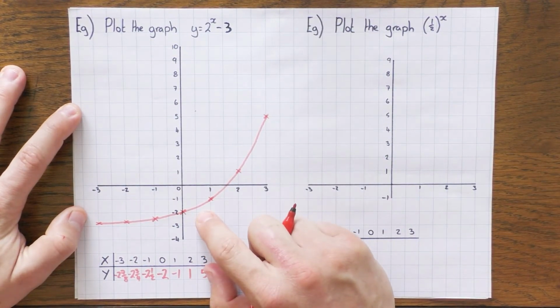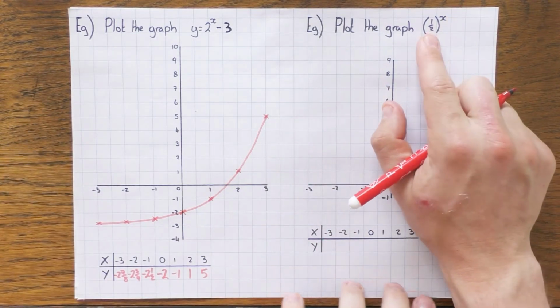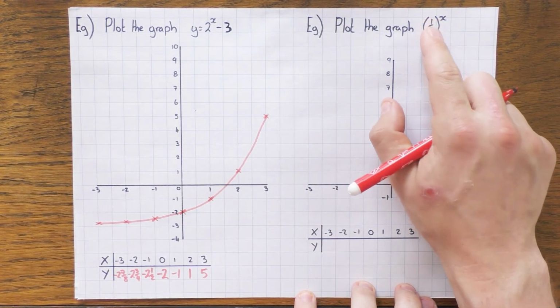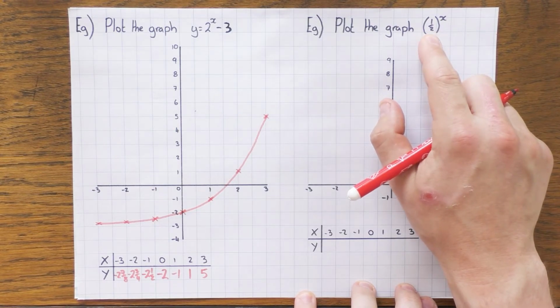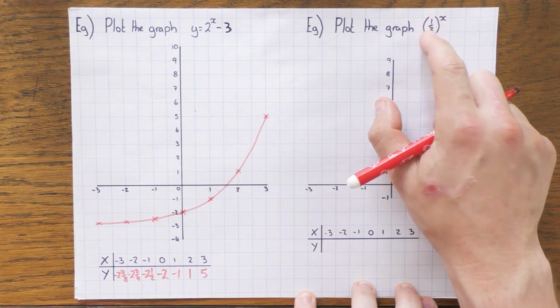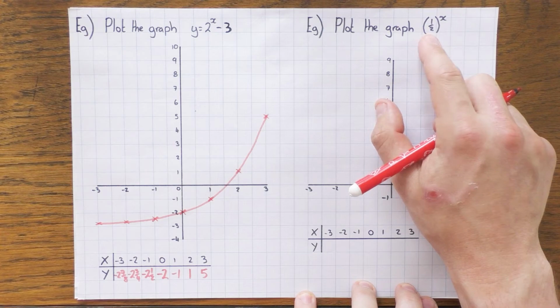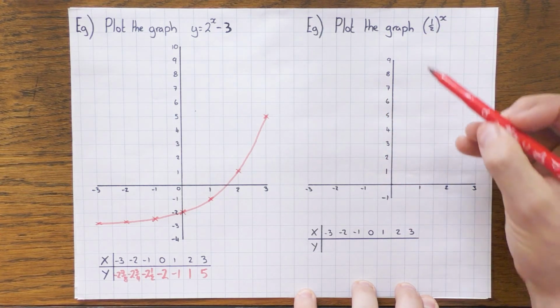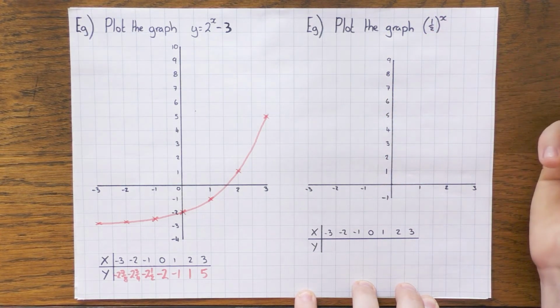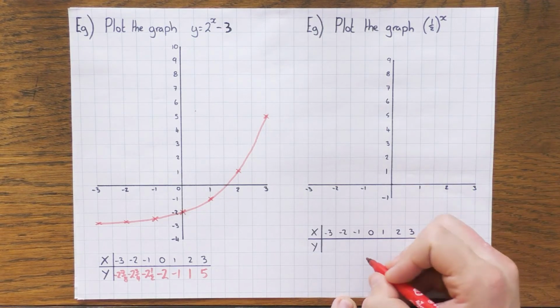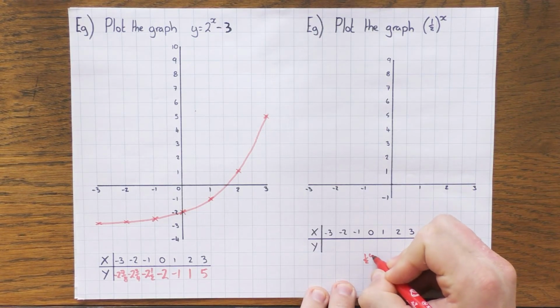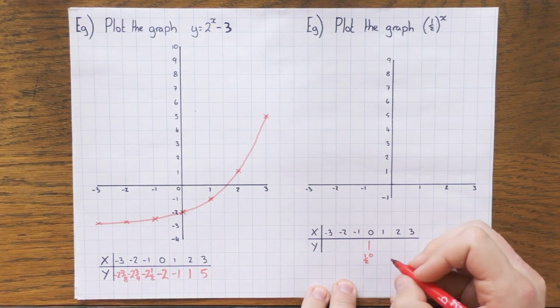And the final thing to have a look at is what happens when you have something like this. So when the number is less than 1, in other words, if it's a fraction or a decimal, what happens? Okay, so let's have a look. Well, as always, a half to the power of 0, like so, will give us 1.